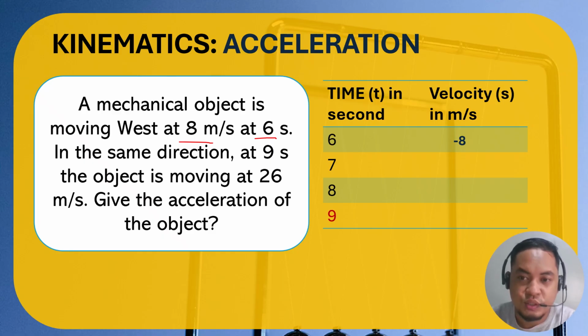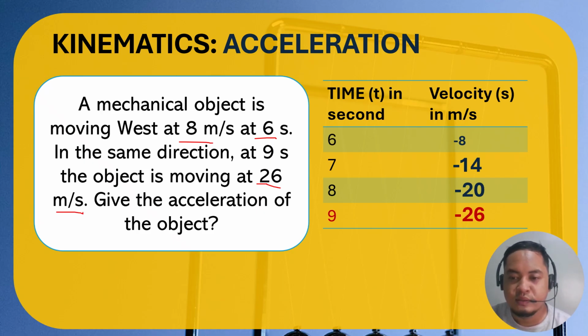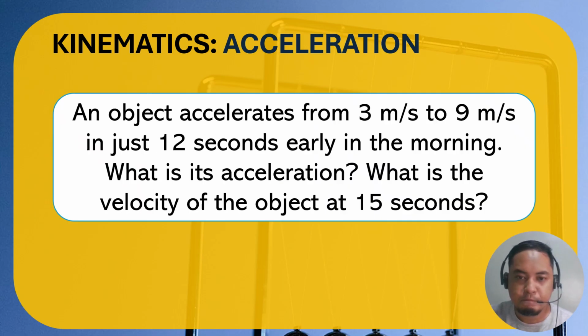So we will just add negative 6 to our velocity here. So we have negative 14, negative 20, and then negative 26. So it's true that at 9 seconds it has a velocity magnitude of 26 meters per second.